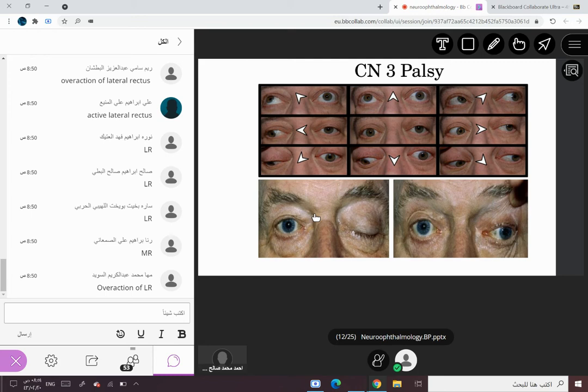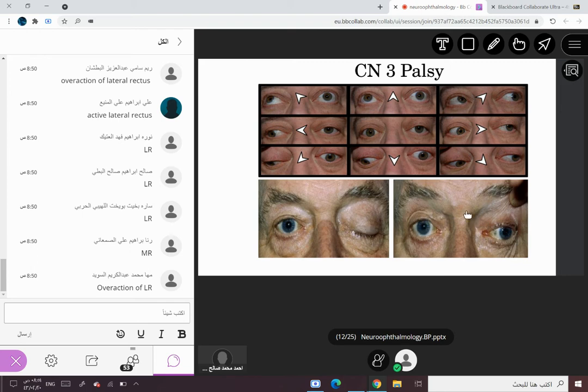He is noticing that he cannot open his left eye. He tells you in the clinic, doctor, I tried to open my eye and couldn't, I tried to lift it, I can see. This is the trick.